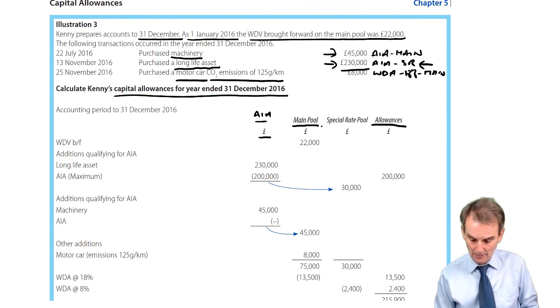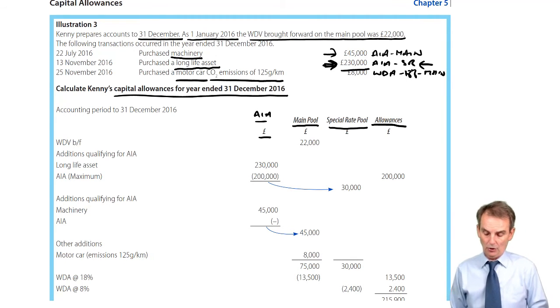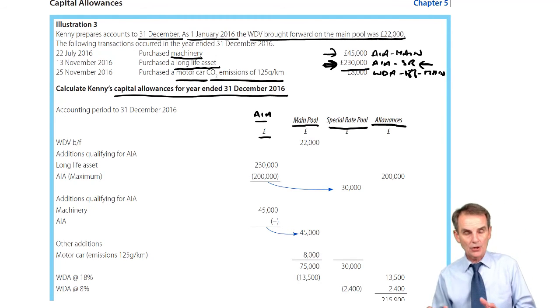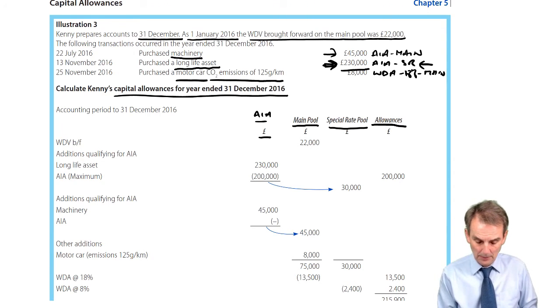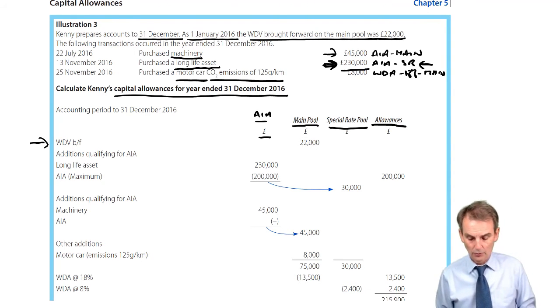We inherit a main pool, and we're buying a long life asset, a special rate pool asset, which is going to cost more than the AIA limit of 200,000, meaning there will be a residue to include within the special rate pool. Set up those columns, pick up your written down value brought forward, copied straight in from the question.